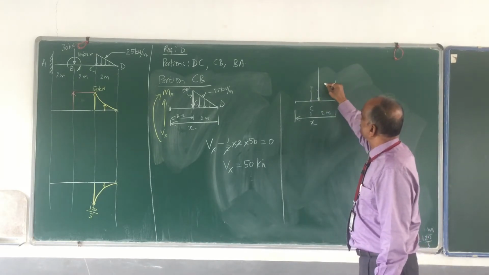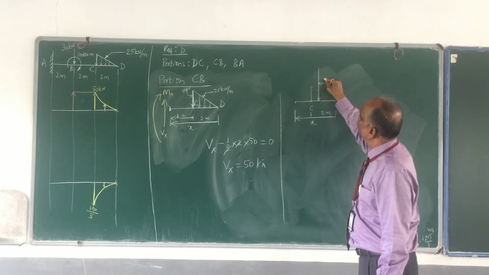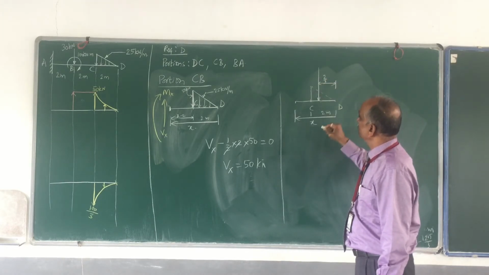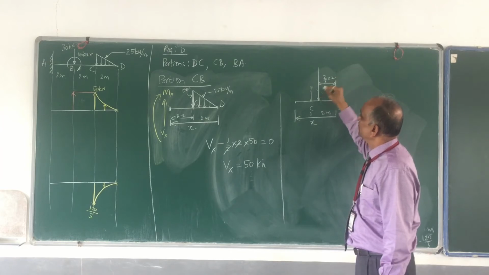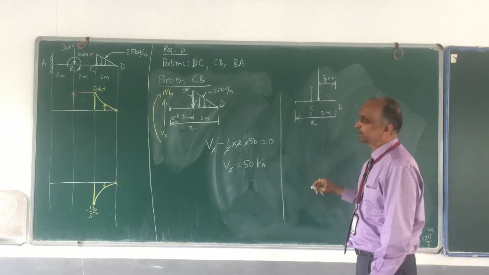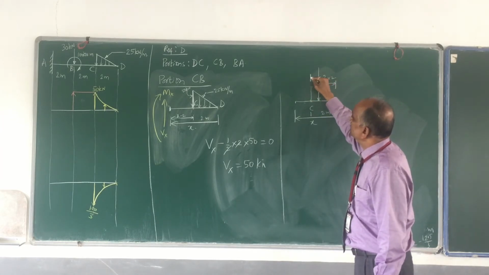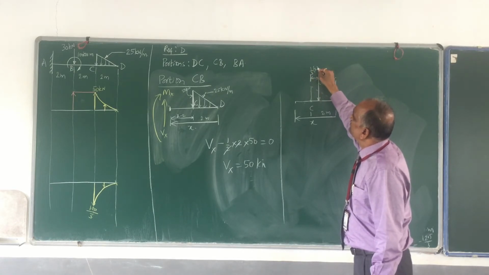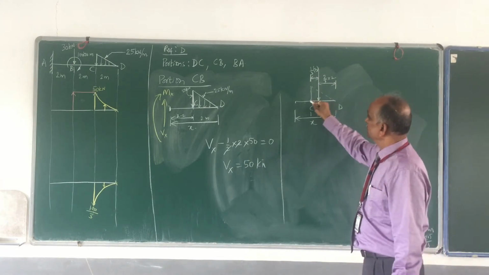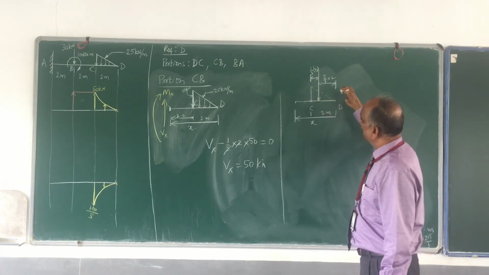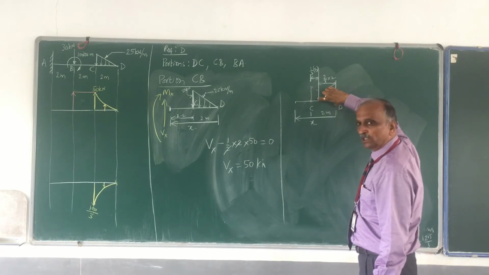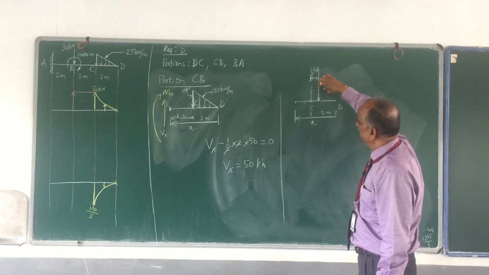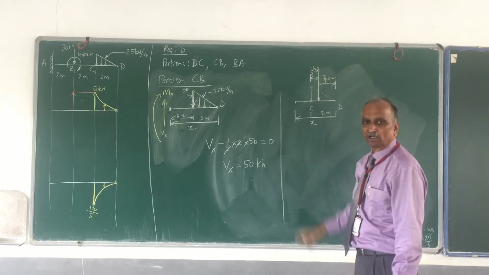How much is that? So this distance is 2 by 3 into 2, because in place of x that is 2 meters. And how much is this distance? This distance is 1 by 3 times 2. This distance is 2 meters and this distance is 2/3 of 2, that is this. And this distance is 1/3 of 2.